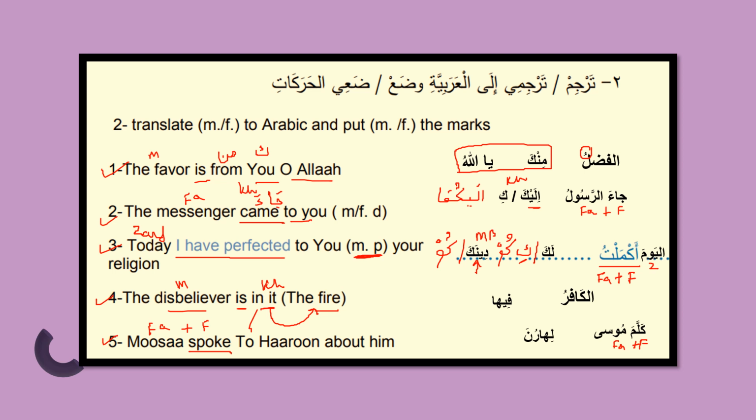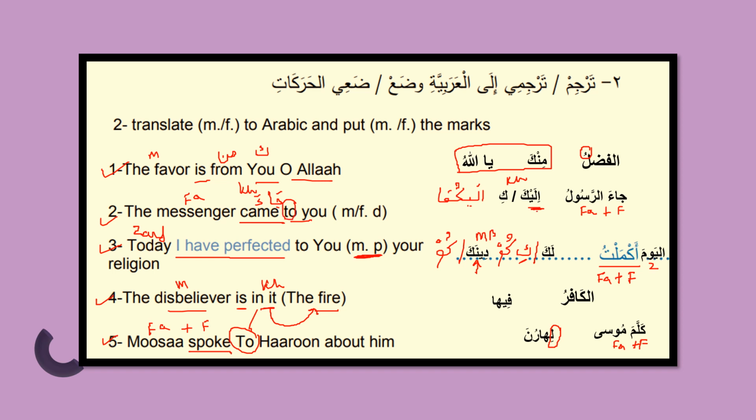So "to" here is being translated directly to lam harf jar li. And here ila was taken just because there was no reference to context. That's why ila. So here "to" was translated directly to ila.